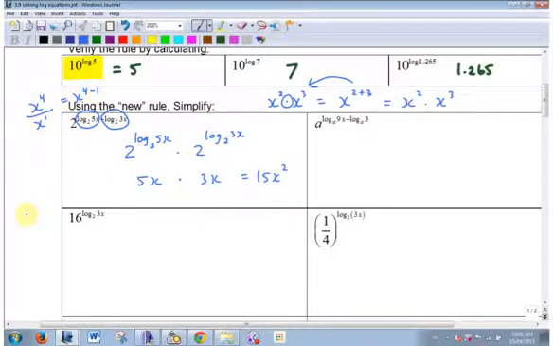Subtract. Are these exponents that are subtracted? So then to go backwards, if I have exponents that are subtracted, I can write that as the first exponent divided by the second exponent. So I'm going to write that like this, divided by that. Same base. Okay? That's what I'm doing.